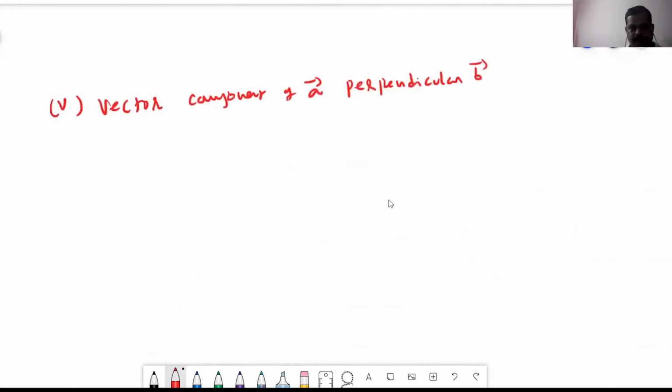Just look at the same diagram. This is A bar and this is B bar. This is theta. Now I just resolved A bar into components. So this component is along B bar. Now what is the perpendicular component? This is A sin theta.